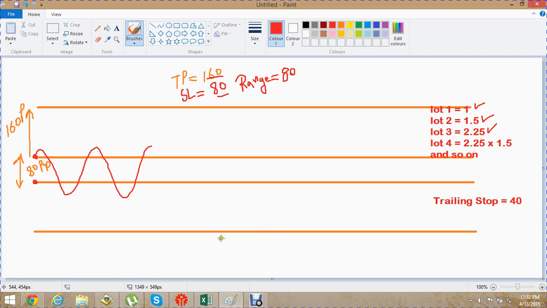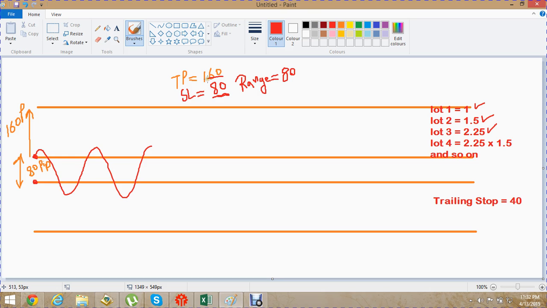You can also trade this with currencies, but you have to lower these values. Like with your US dollar pair, you will use an SL of 40 pips, and your take profit will be about 80 pips. So your range will be 40, your SL will be 40, and your take profit will be 80 if you're using it with your US dollar pair.